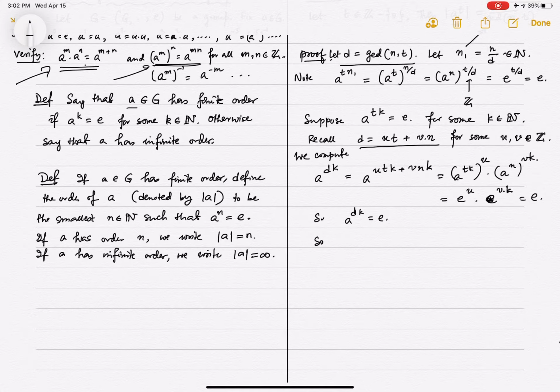So since a has order n, we have that n divides d k. So n over d divides k. And this is an integer, by the way. It's called n1. So n1 divides k. So the smallest k for which a to the t k is going to be identity is n1. So n1 is the order.